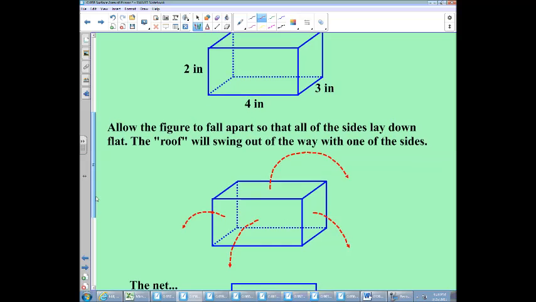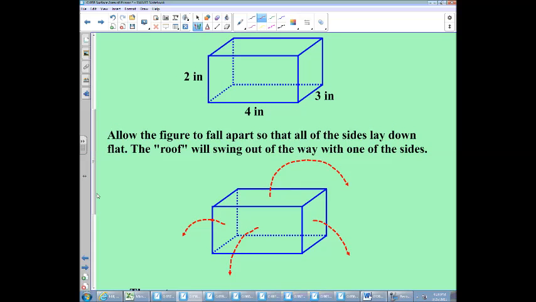Then take your figure and discover what the net is going to have in it. We do that by allowing the figure to fall apart at its edges that are sticking up, allowing the lateral faces and the bases that are not on the bottom to fall apart.